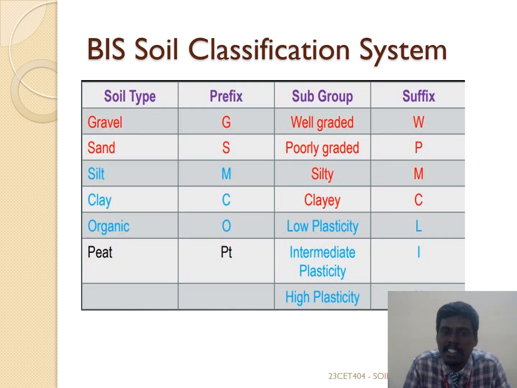The next categorization is CL, CI and CH, that means low, intermediate and high plasticity clay. And the next one is OL, OI, OH, that means low, intermediate and high plasticity organic matter. And the last one is peat. So this is the BIS soil classification system.